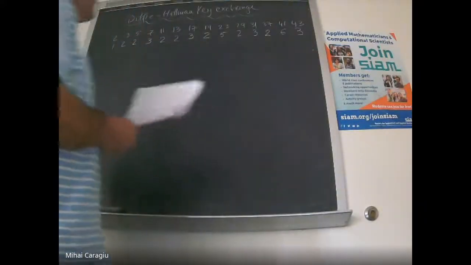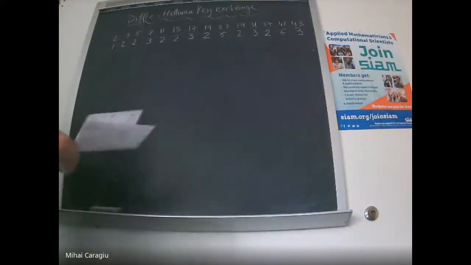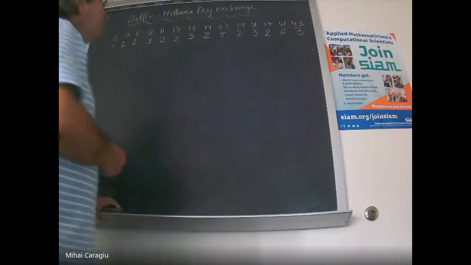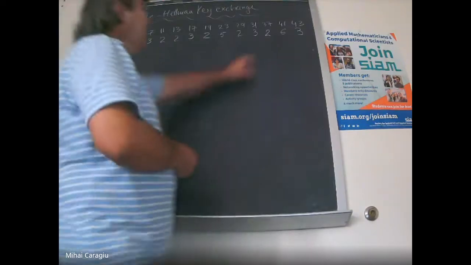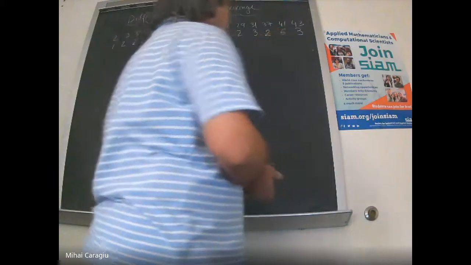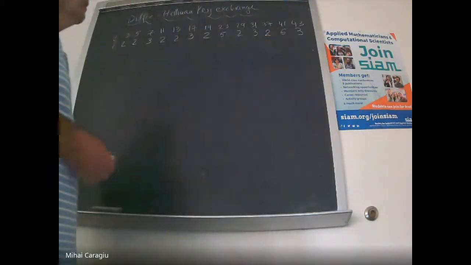So what are these? These are the least primitive roots modulo the corresponding primes. So for example, 5 is the smallest primitive root modulo 23, 2 is the smallest primitive root modulo 37, 6 is the smallest primitive root modulo 41, and so on.